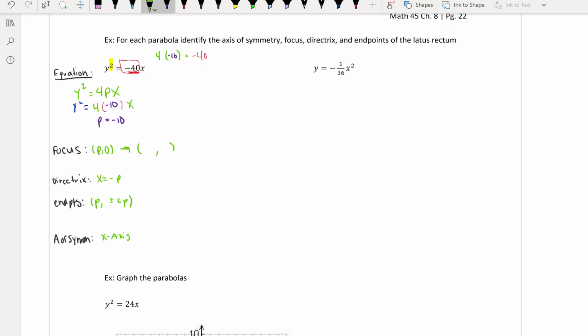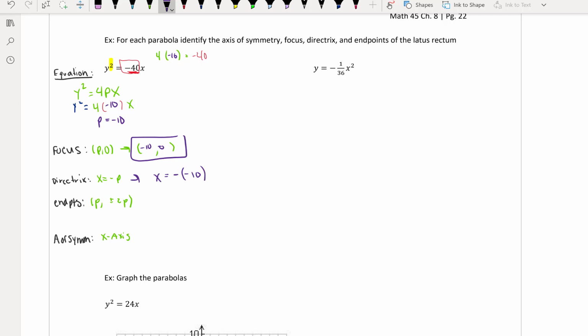So now that I have p equal to negative 10, I can tell you what my foci is going to be. My focus is going to be negative 10, comma 0. And I also have my directrix. It's going to be x is equal to a negative, and I have a negative 10 as my p-value.